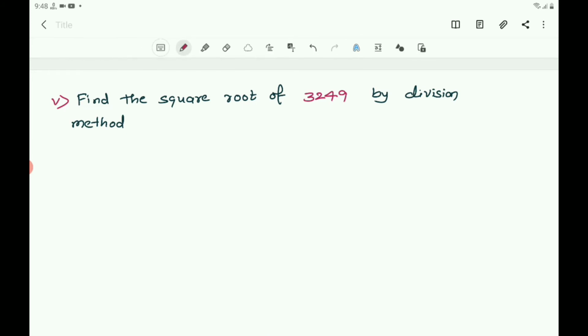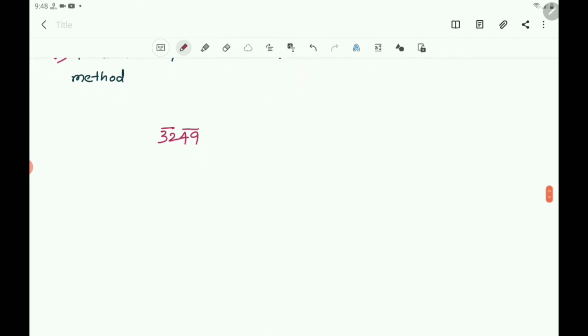Now you write that number 3249. So put the bar. Under the first bar the digits are 4 and 9. Second bar, 3 and 2. And write it. The first group, what is the first group? 32.